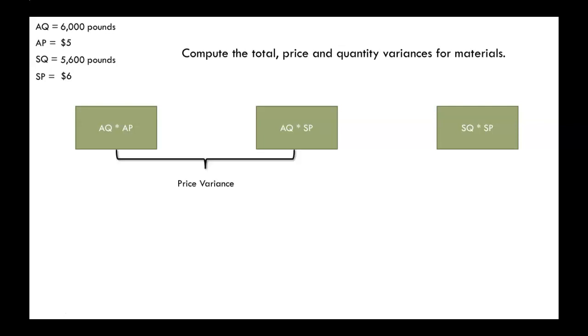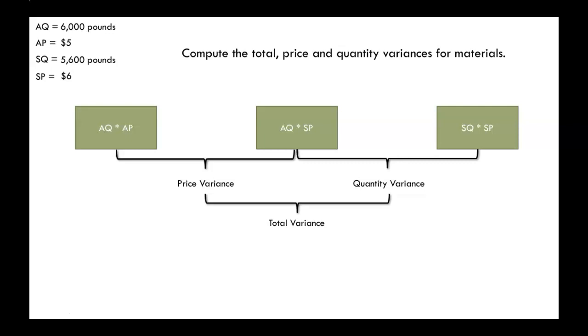Well, AQ times AP minus AQ times SP, that difference will give you the price variance. Then AQ times SP minus SQ times SP, that difference will give you the quantity variance. And then we can use the price and the quantity variance to find our total variance.